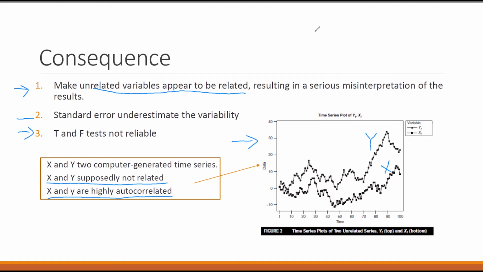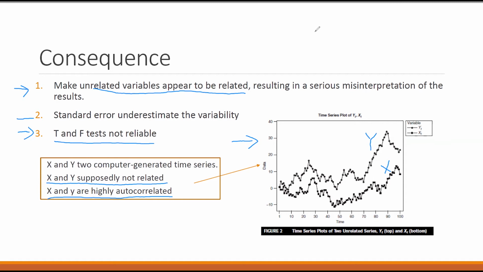So if the standard error is underestimated, then we tend to have a lower p-value, making us more likely to reject the null hypothesis. In that sense, the T and F tests will not be reliable because the standard error is underestimated.